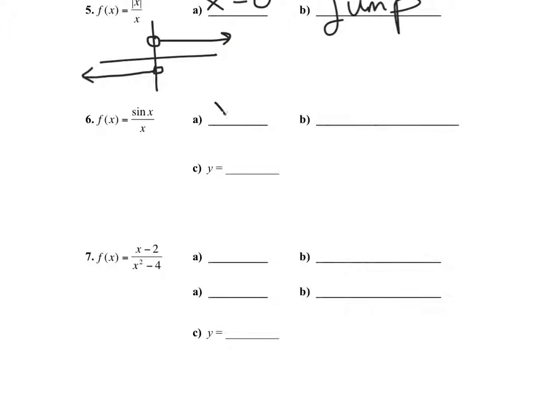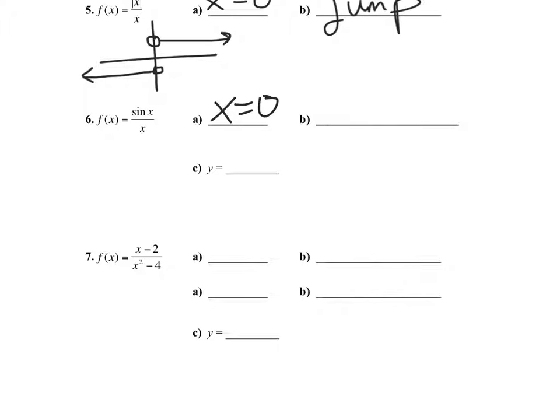All right, number 6. Well, we know right away x can't be 0, so that's going to be our problem. So let's graph this one. Sine of x, close parentheses, divided by x, and graph. Now, you might have thought it was oscillating, but it doesn't. Sine of 1 over x oscillates, but sine of x over x, what happens there?